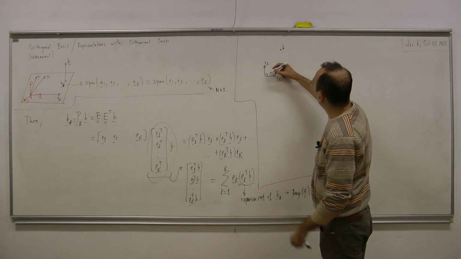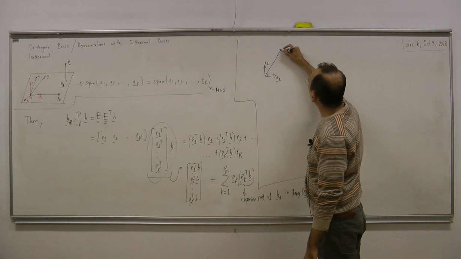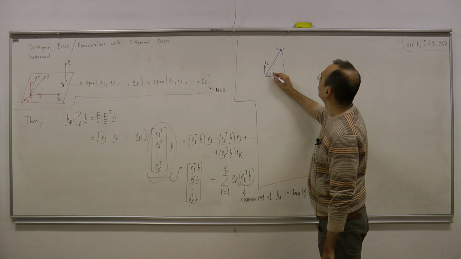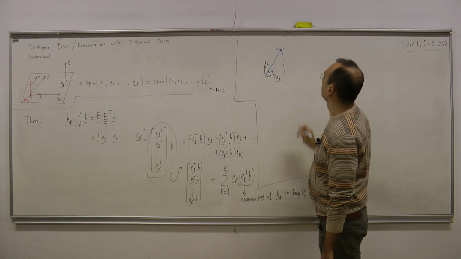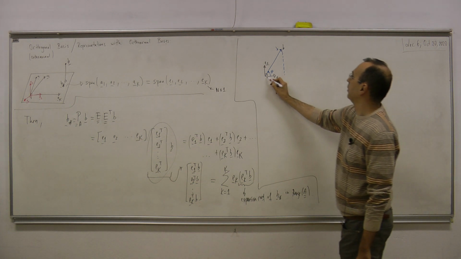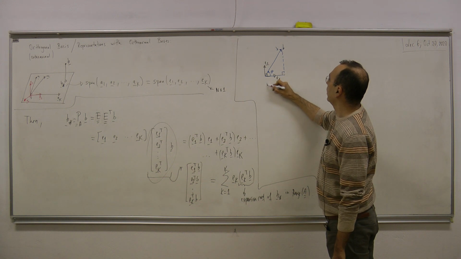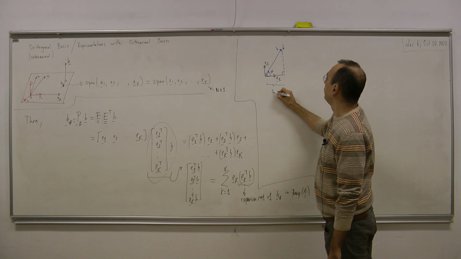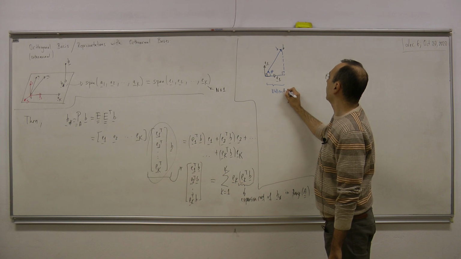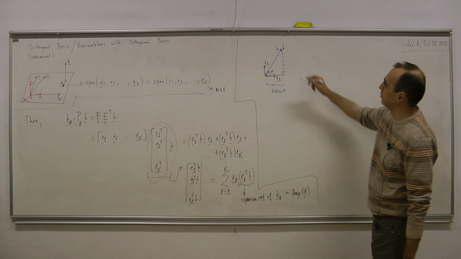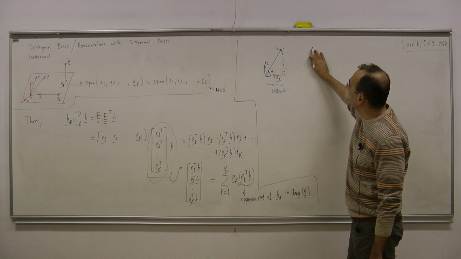Now how do you do this? This is my vector B, and maybe you remember there is an angle theta between this and this side, and this side of the triangle has magnitude B cosine theta. This is purely geometric, I'm not introducing any inner products. This is classical geometry.